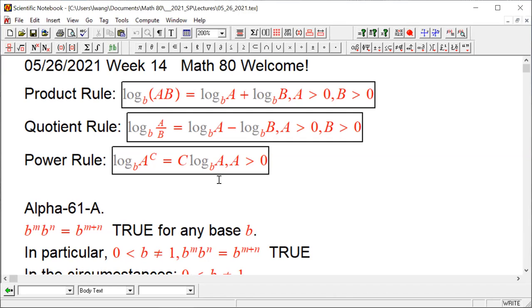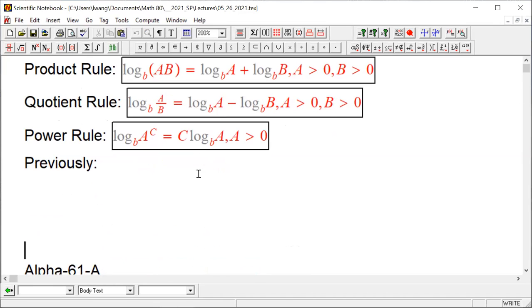Previously, we have learned these facts. Log base b of 1 is equal to 0 no matter what the base, right? And we also have learned log base b of b equals 1.